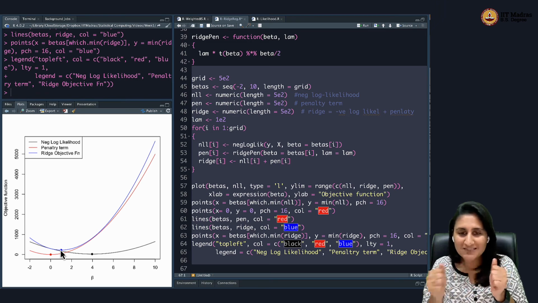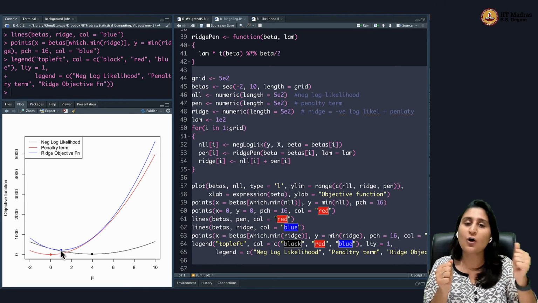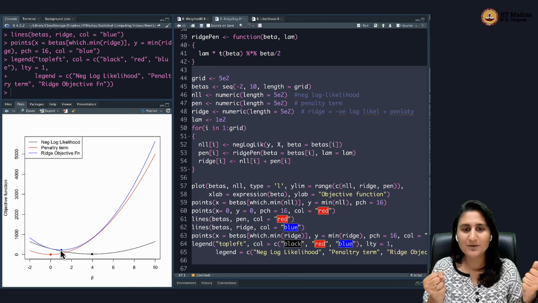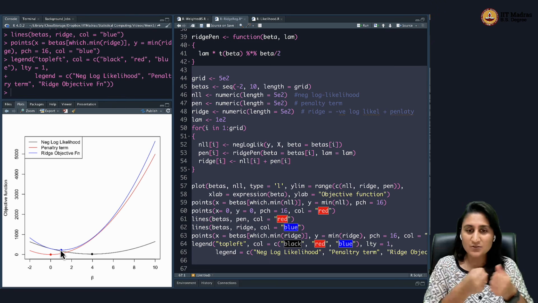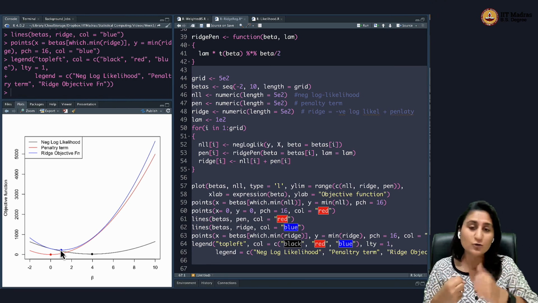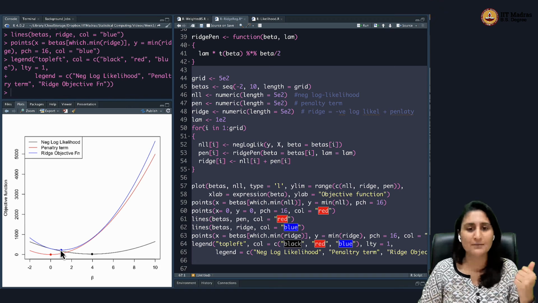Right? So there's basically a trade-off between the optimizer of only the penalty term, which is 0, and the optimizer of only the negative log likelihood, which is the MLE. Somewhere in between there's a tussle, and how much we go towards 0 will depend on how big lambda is.